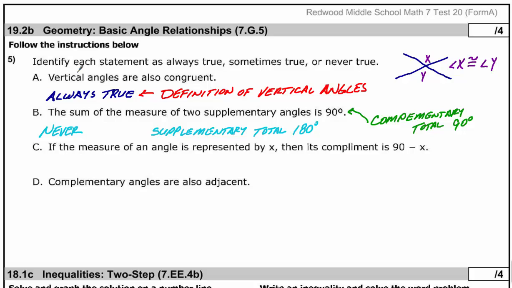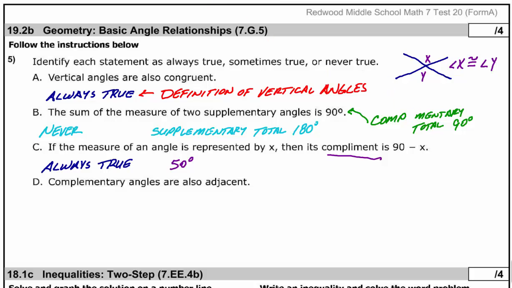Letter C. If the measure of an angle is represented by x, then its complement is 90 minus x. That's an always true. So we just said in part B that complementary angles total 90 degrees. So if you had an angle that was, say, 50, and you wanted to know its complement, I've got to go back and fix my spelling right there.